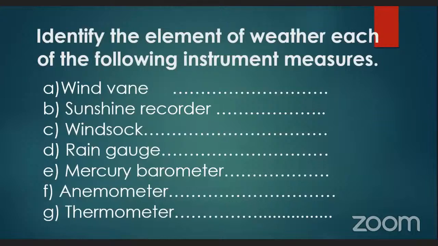Therefore, when the water is directed into the jar, the amount received is measured using the measuring cylinder. And of course, you know that water or any other kind of liquid is measured using millimeters. So that is how the rain gauge is used at the weather station.